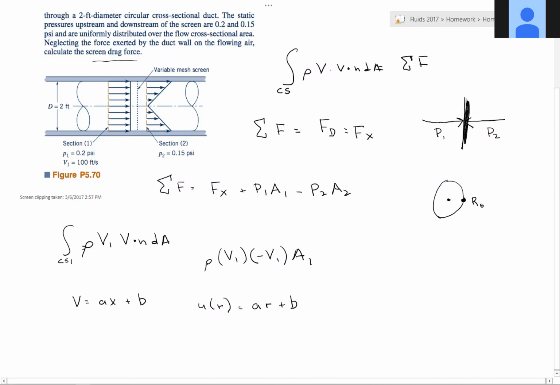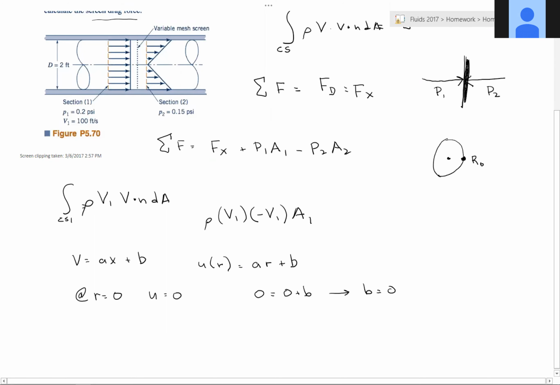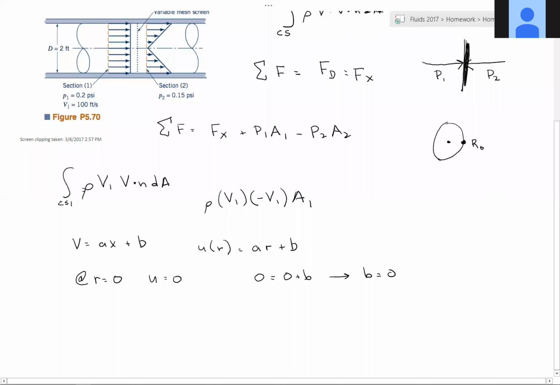Okay? So tell me what happens to the velocity when R equals 0. What is the velocity exactly? Our U is equal to 0. So 0 equals 0 plus B, therefore B is going to be equal to 0. All right, so now we have that our U of R is equal to AR.